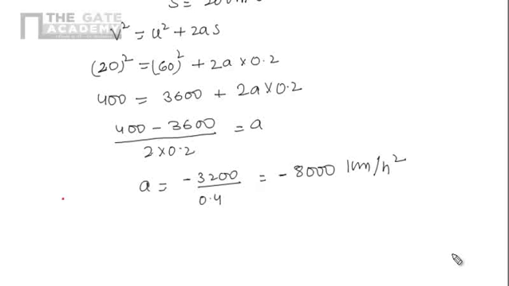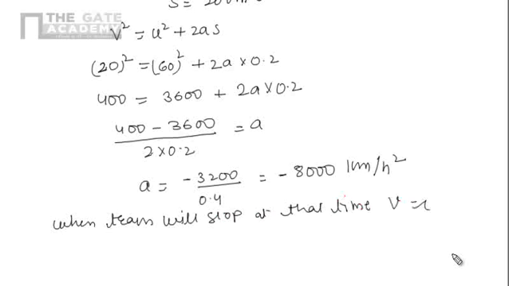Now, when the train will stop, at that time final velocity will be 0. So again apply the same equation, v square equals u square plus 2as. But here in place of v, now we have to put 0 because we are interested in the distance traveled by the train when it will finally stop.